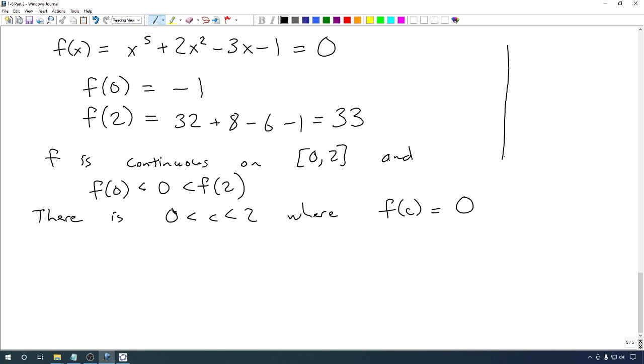Essentially, what we've done here is we found out that we're down here at negative 1 when x equals 0, but then we're up here at 33 when x equals 2. And somehow we have to get from that point to that point, and we have to cross the x-axis somewhere. There has to be some crossing point.